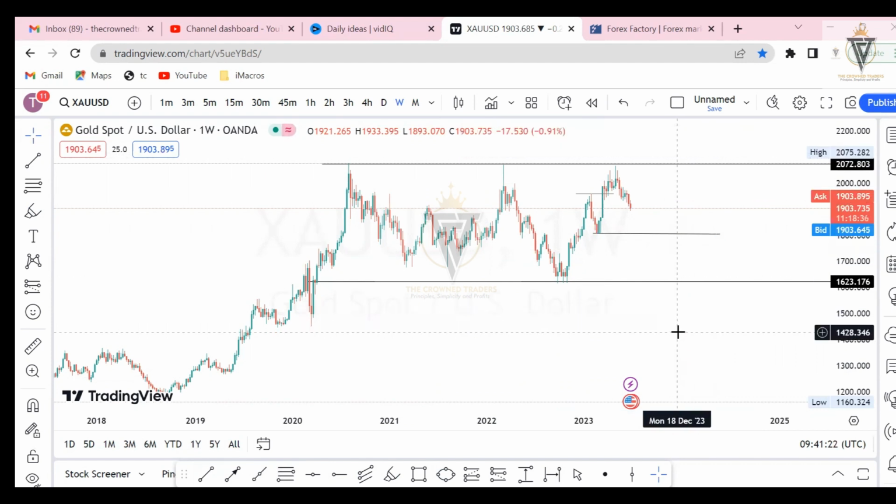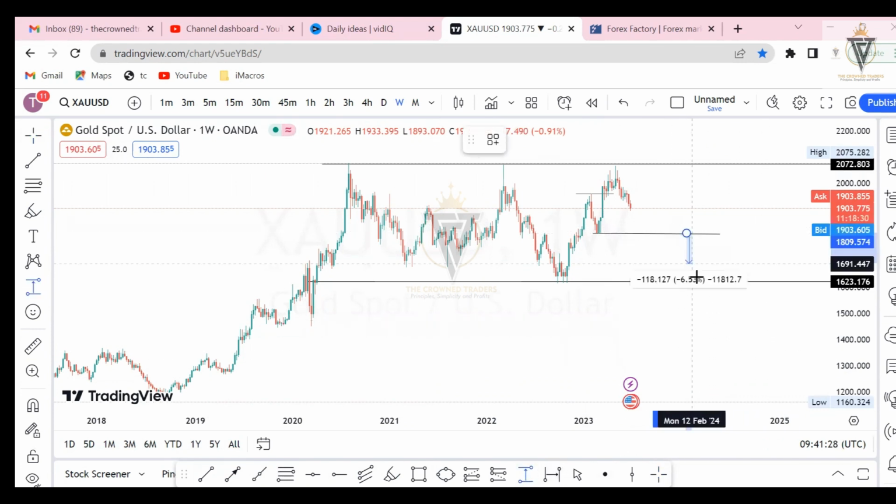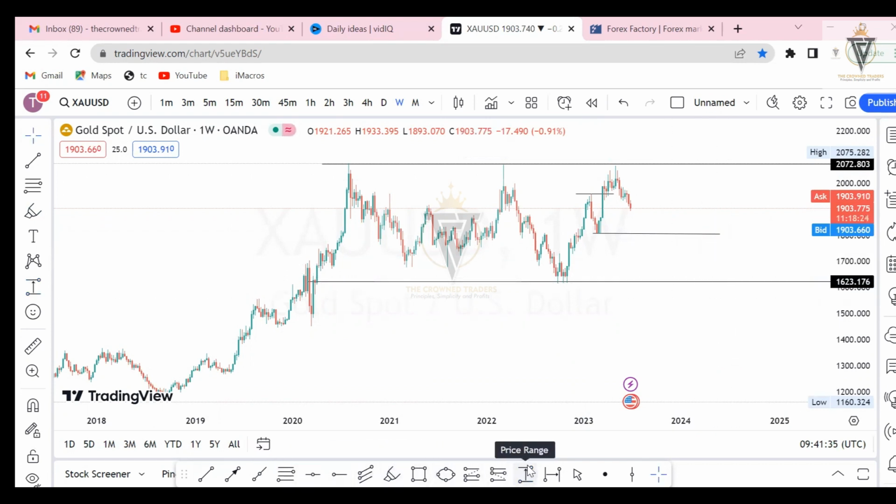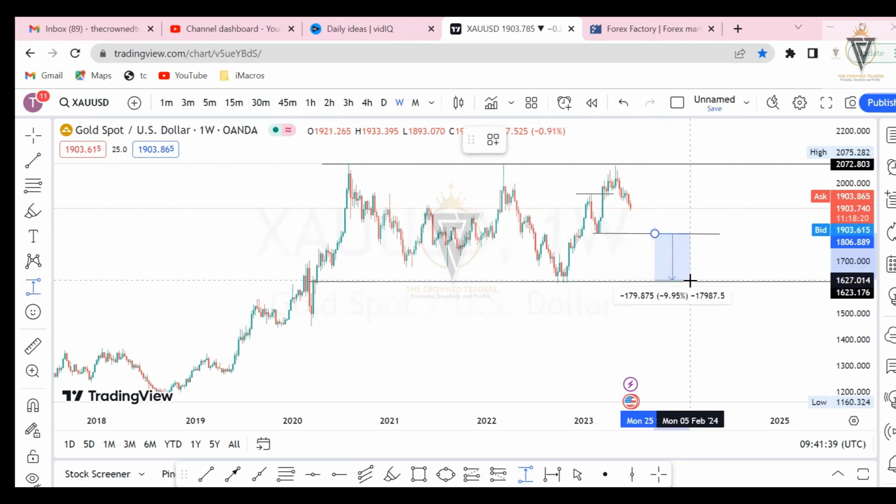If this level is taken out properly on the weekly time frame, then we know that gold is going to target the downside on the weekly time frame. Gold is going to be targeting this way.